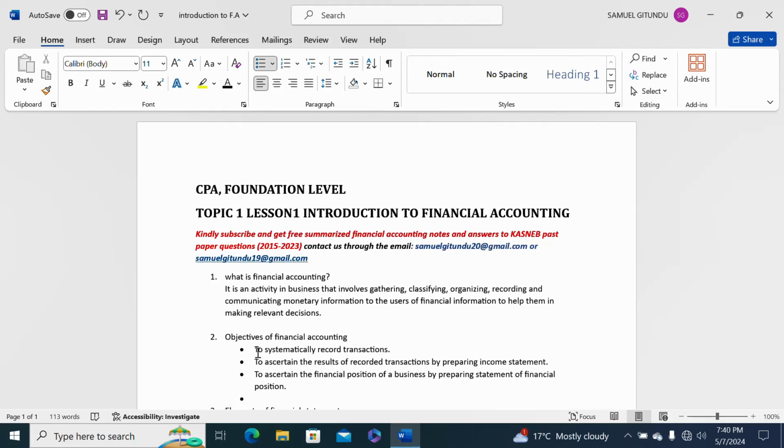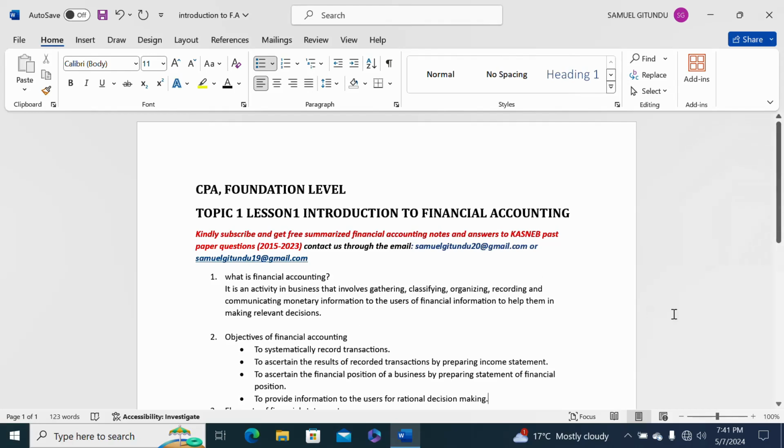And the fourth objective of financial accounting is to provide information to the users for rational decision making.